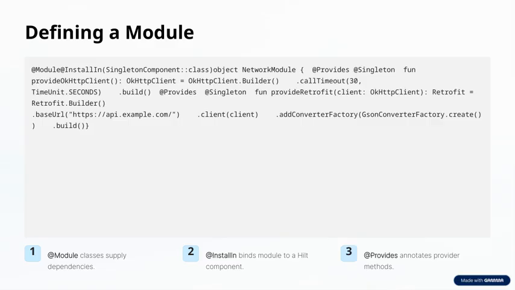Then, the provideRetrofit method constructs a Retrofit object, using the OkHttpClient we just created and setting the base URL for API calls. Overall, this setup is a clean and efficient way to manage dependencies, ensuring that every part of the app gets the right instances, properly scoped and configured. It's a key part of making our app modular, testable, and maintainable.